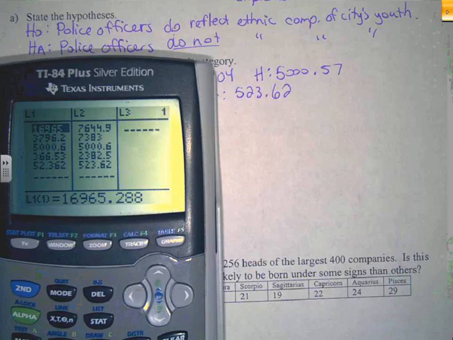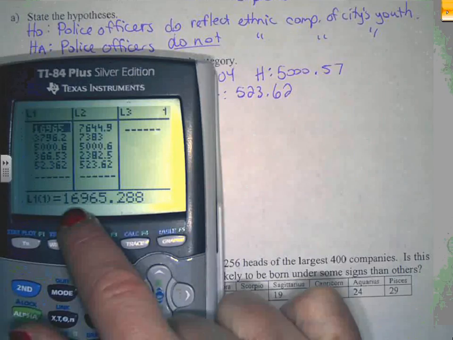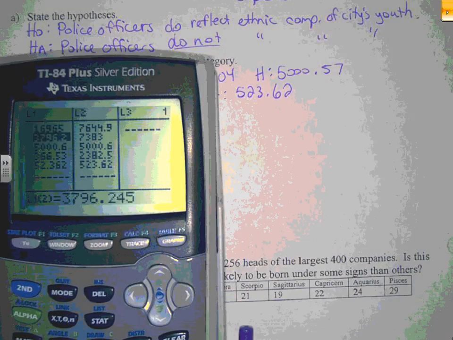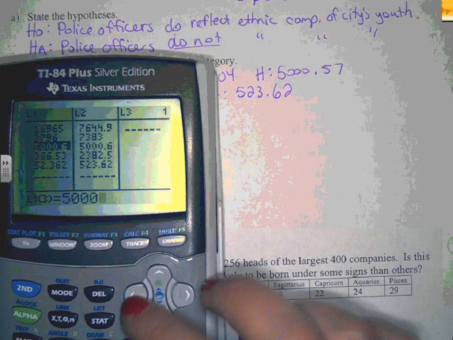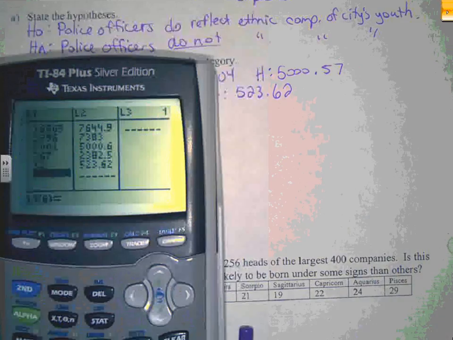No. So L1 you do need to round to the nearest whole number, which you can just look at the bottom and round it. So like the first one's 16,965. 3796. 5,001. 367 and 52. Okay, now see if it works.